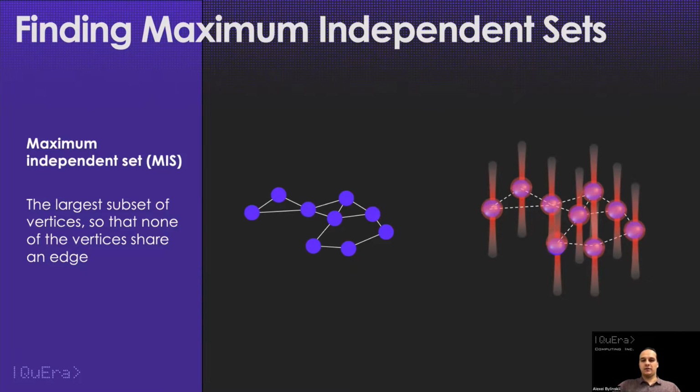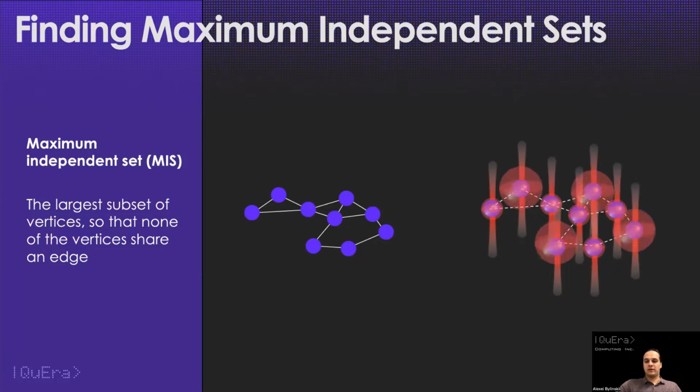There are several reasons we like the maximum independent set problem. One of them is that it's an example of NP-hard problems, which can be quite general in terms of making statements about solutions to large classes of problems in computer science.